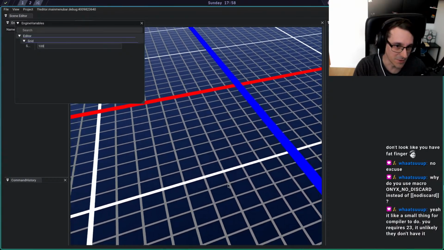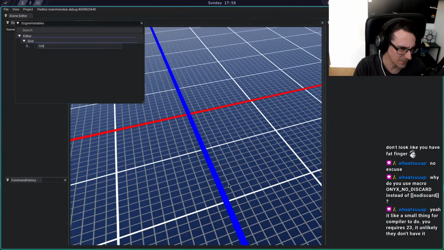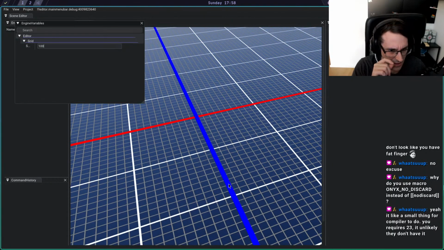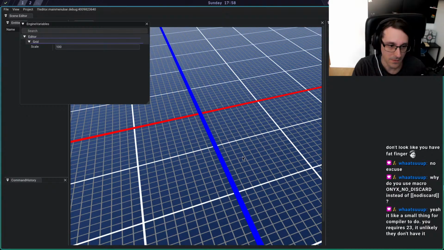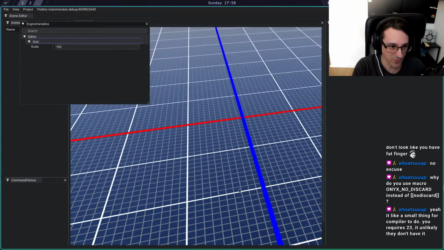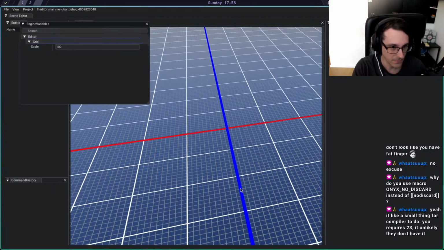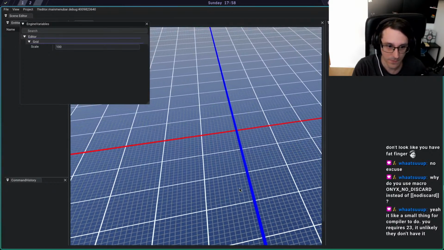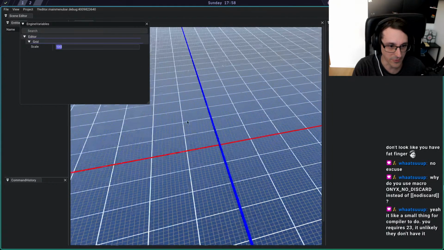Yeah, I don't think I like that the lines scale based on this scale. I think it should be a separate thing. I think the line scaling should solely depend on the camera distance, and not on this scale of the grid.